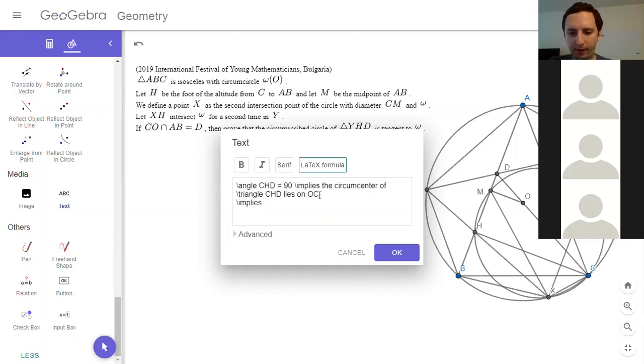And that implies that the circumcircle of CHD is tangent to the circumcircle of ABC. That's kind of how I thought about what you just said.